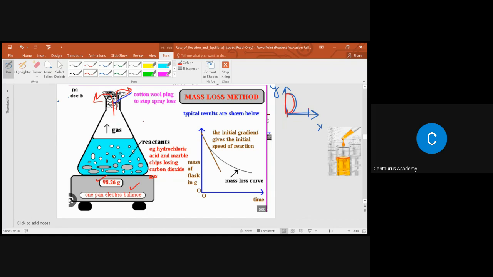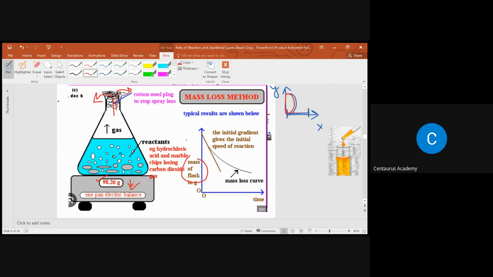As a result, the complete mass is going to decrease. So we see that the mass of the flask tends to decrease as time progresses. This tells you that as the reaction progresses, carbon dioxide gas which is produced is now lost, which is why the mass is going to decrease with the passage of time.